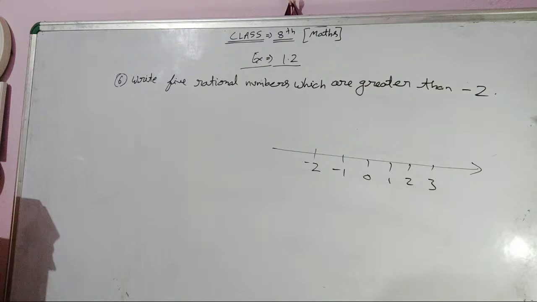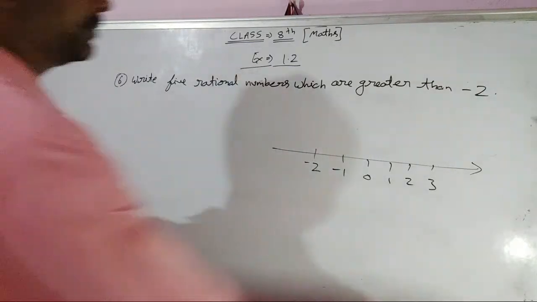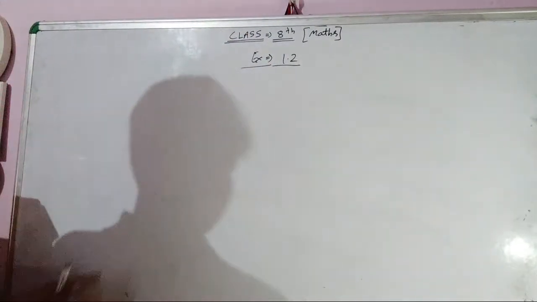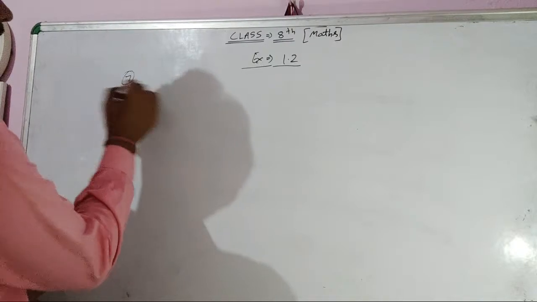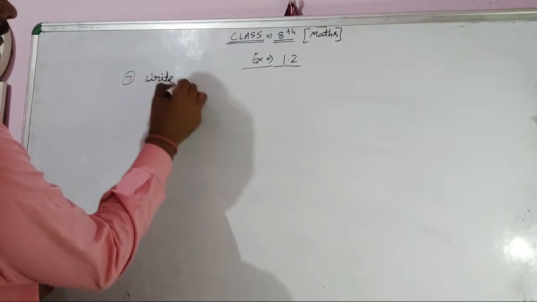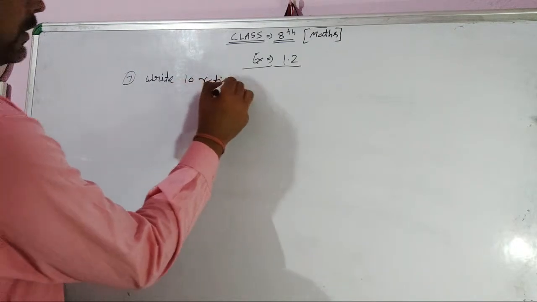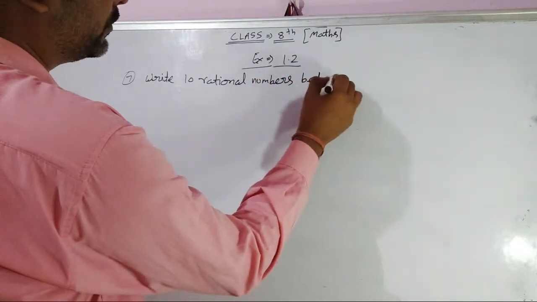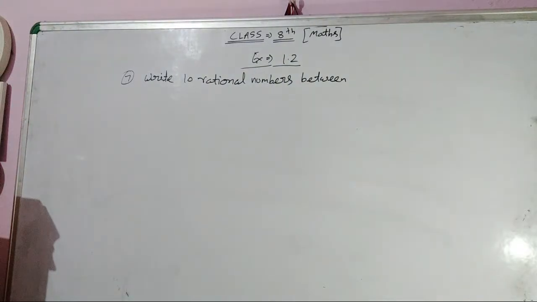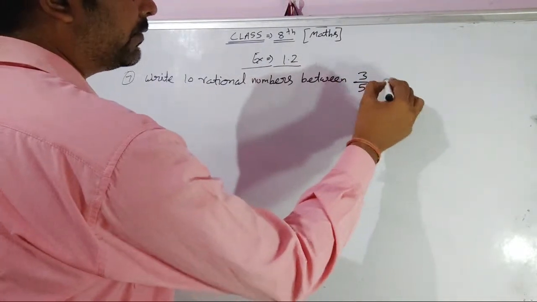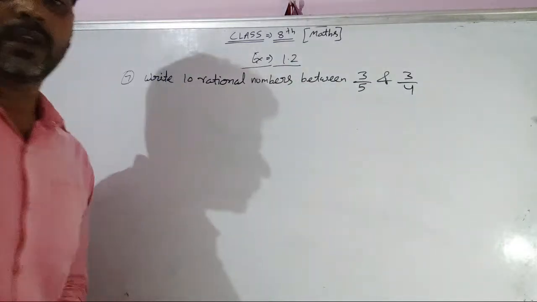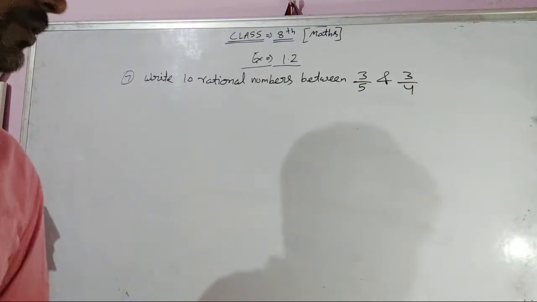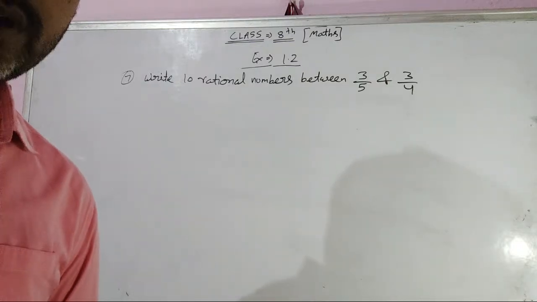You have to find 10 rational numbers which lie between 3 upon 5 and 3 upon 4, right?